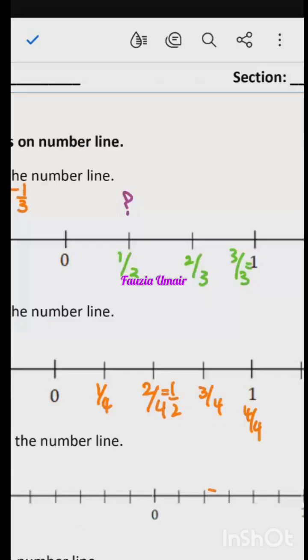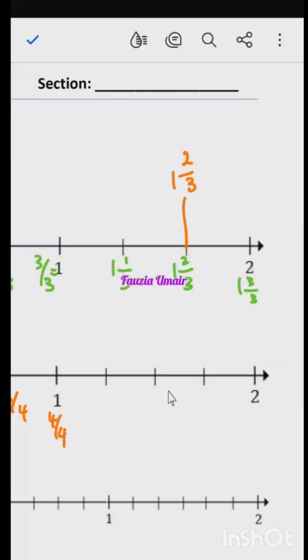So now we can go from 1 to 2. So who can tell me, raise your hand for the answer, the marking between 1 and 2? Ji Hisham. So what will this be? 2/4 we have already done.